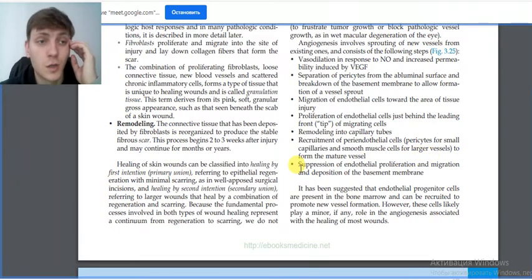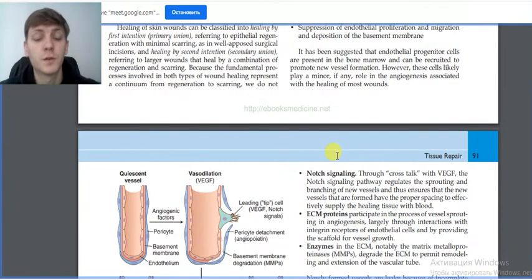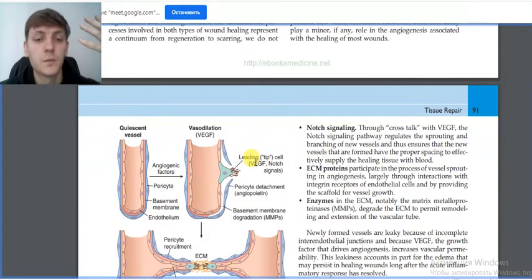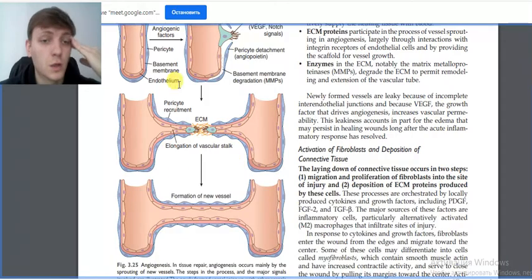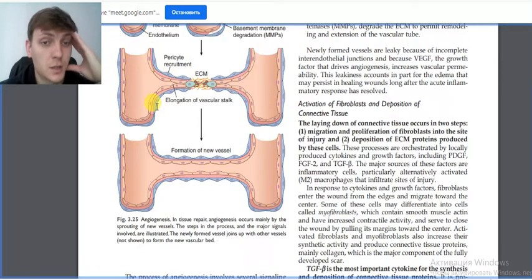So angiogenesis happens due to chronic inflammation in this area, and that's why chronic inflammation typically has more blood vessels.